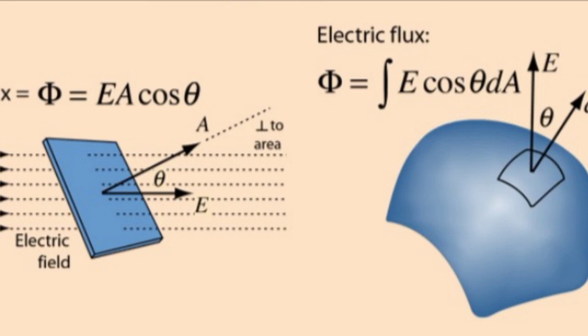Here phi is the electric flux, E is the electric field, and A is the area of the plane. Theta is the angle between A and E. From the second figure, for a small area dA, phi is equal to E cos theta dA. All over the surface, phi is equal to the integral of E cos theta dA.